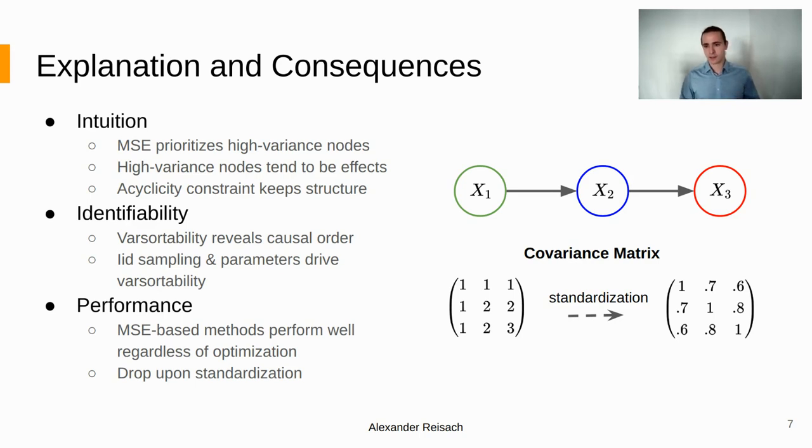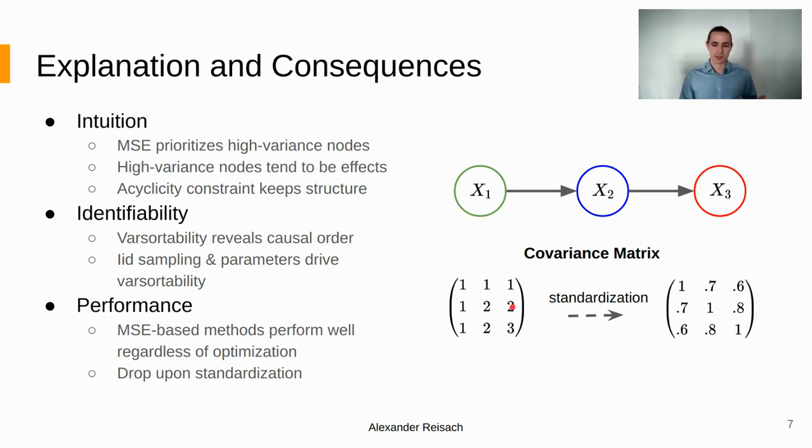Now, on the right, I have another 3-variable chain just for illustration with a covariance matrix that we can see in the bottom left of that illustration. And what we see is that along the main diagonal, the variances of the nodes increase. Once we standardize, these variances are all 1. Now, there's a second pattern here, and that is not on the main diagonal, but on the first diagonal. Here we can also see an increase.